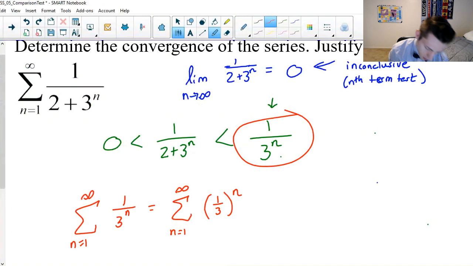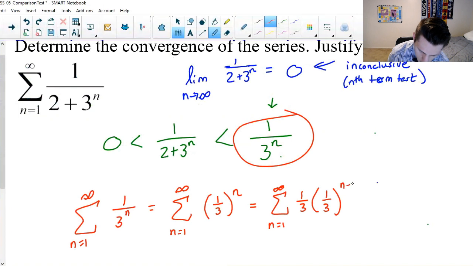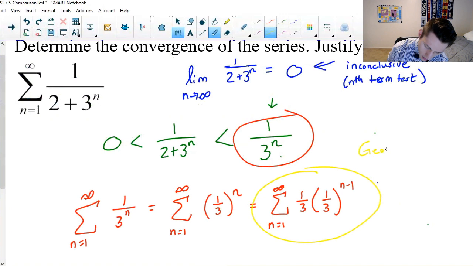If I make one more change, if I pull a 1/3 out, hopefully we recognize that this is a geometric series.